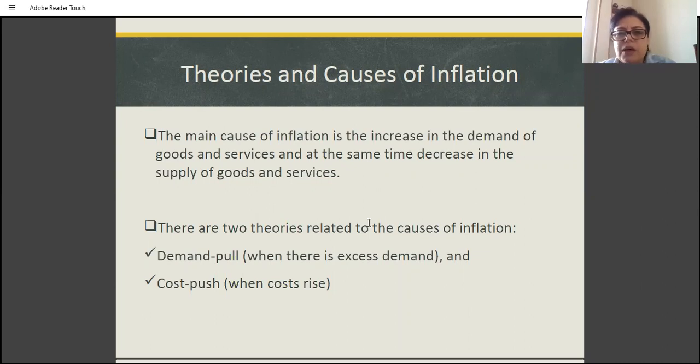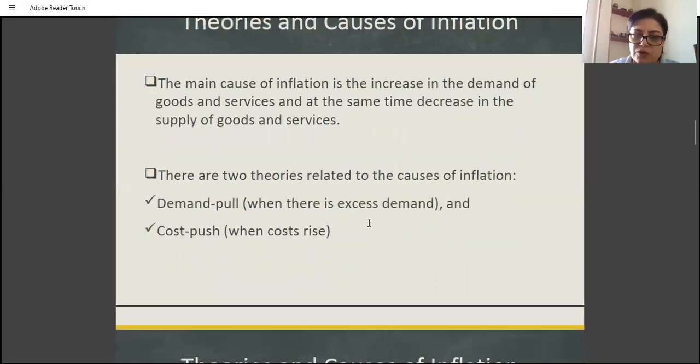By the way, sometimes demand pull inflation is called demand side inflation, and cost push inflation the economists frequently call supply side inflation. So now let's consider separately each of these theories.